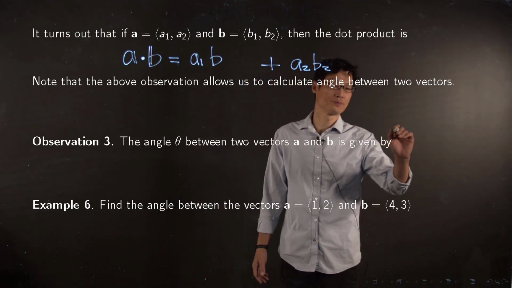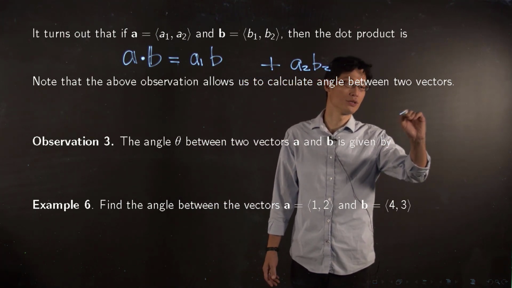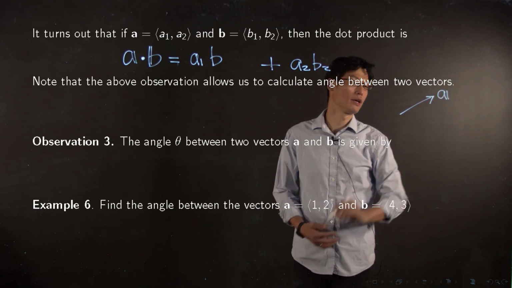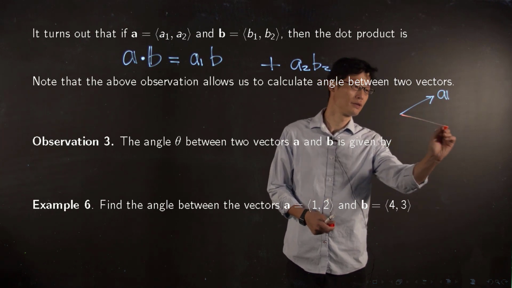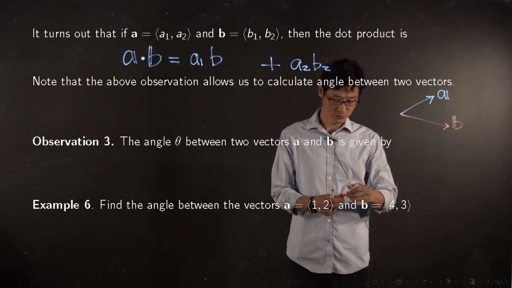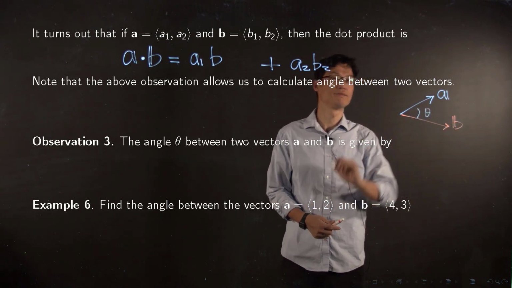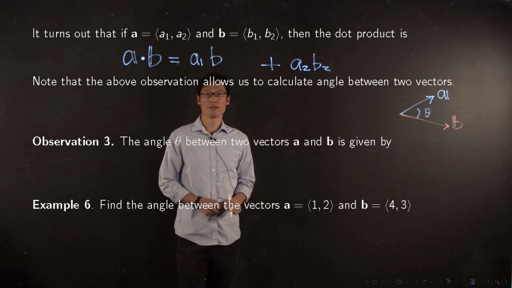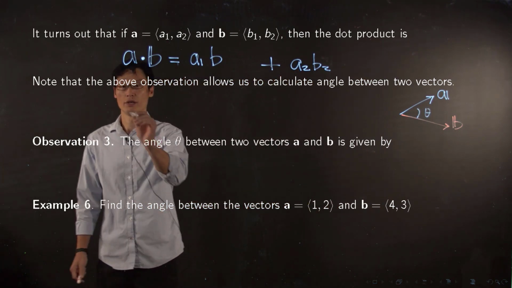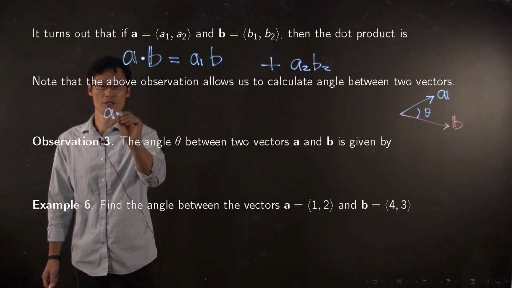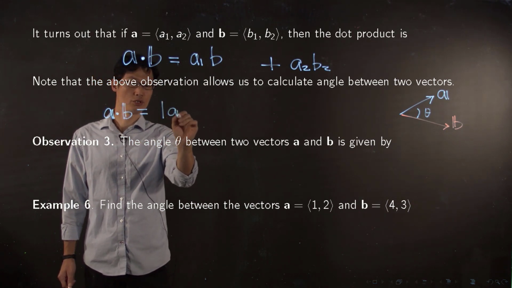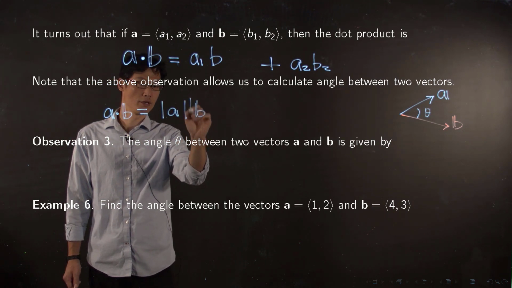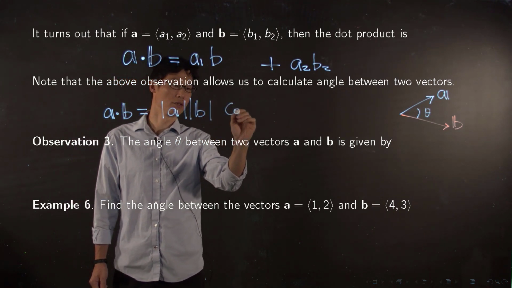Suppose you have vector A and another vector B with an angle theta. By definition, dot product is magnitude times magnitude times cosine theta.